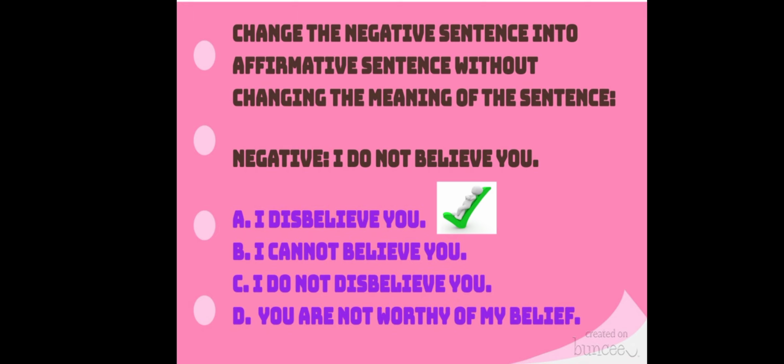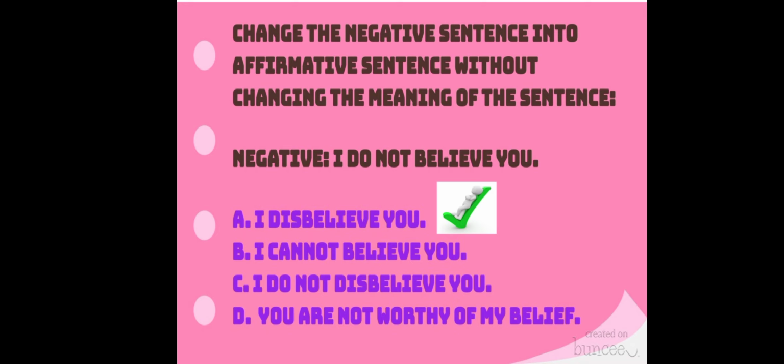Okay? So here one negative sentence is given. I do not believe you. See the negative word? Do not. Not is given here. So you have to provide one affirmative sentence. You have to change this negative sentence into affirmative and the meaning will not be changed.